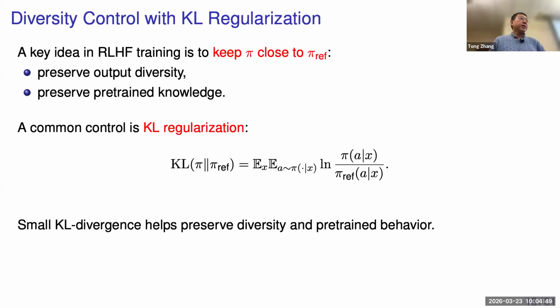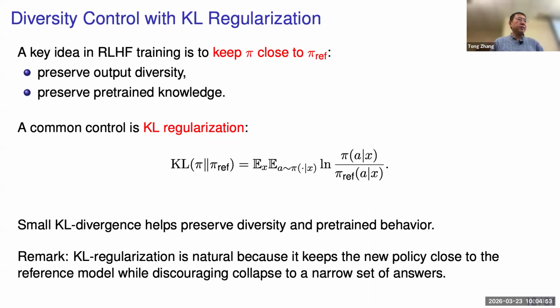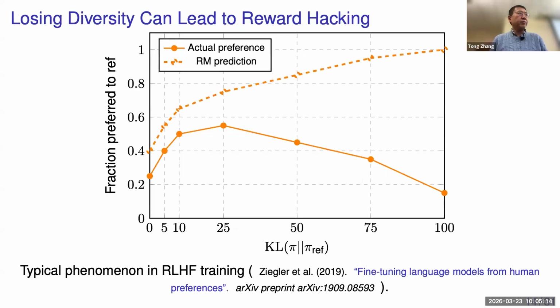A small KL helps preserve diversity of trained behavior. KL is pretty natural, especially since part of the objective is related to the entropy. Okay, this is what it is about. Then we can move on.